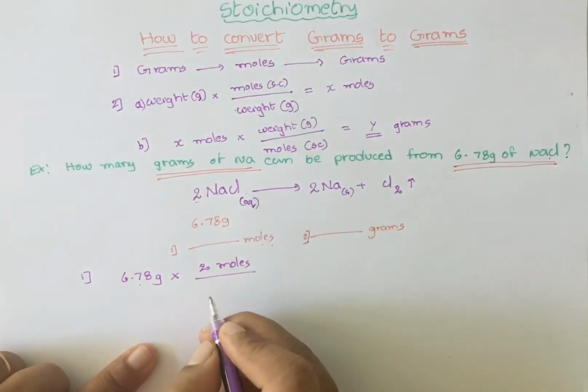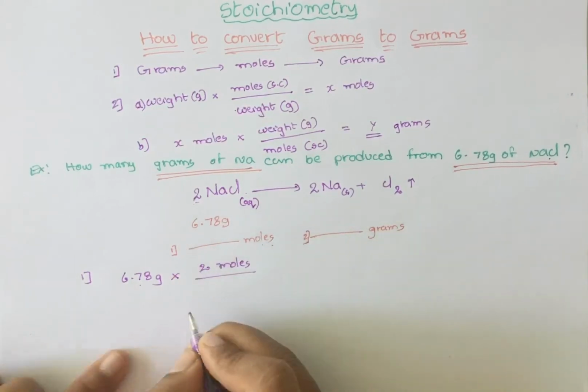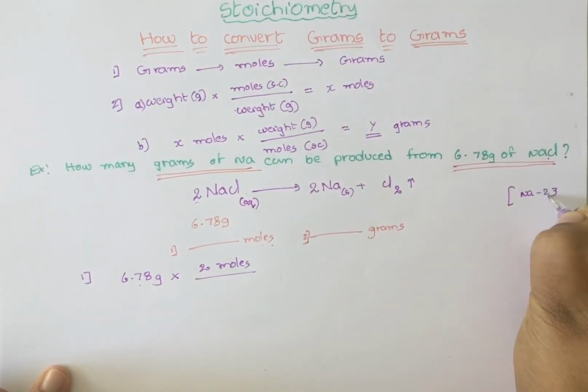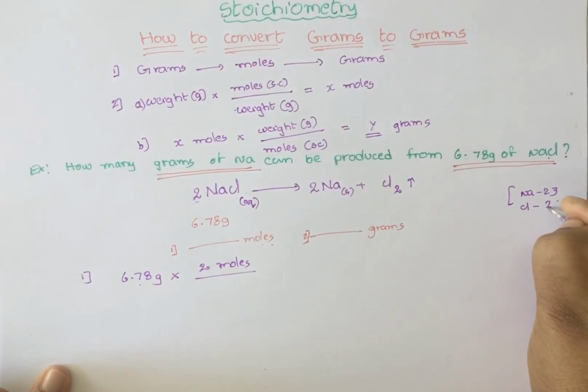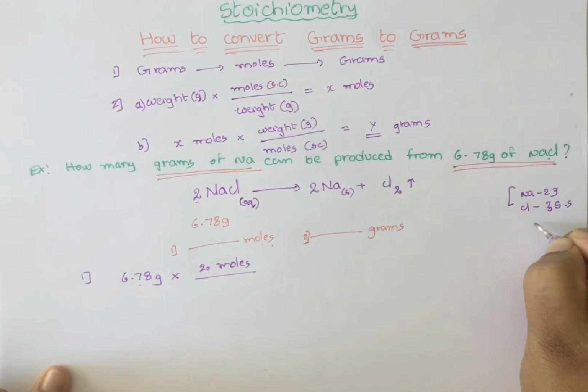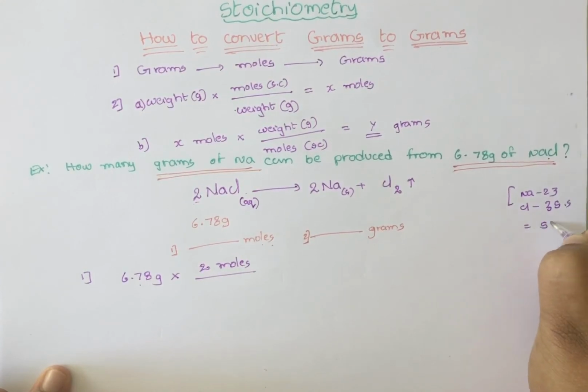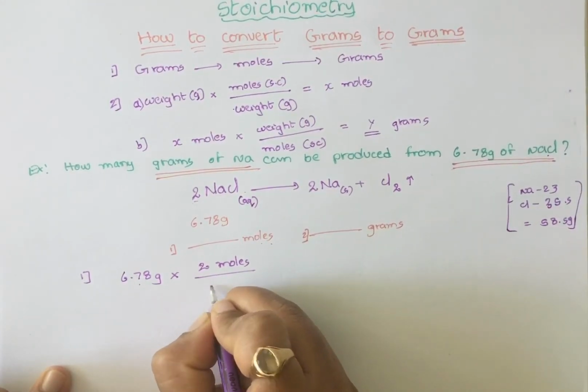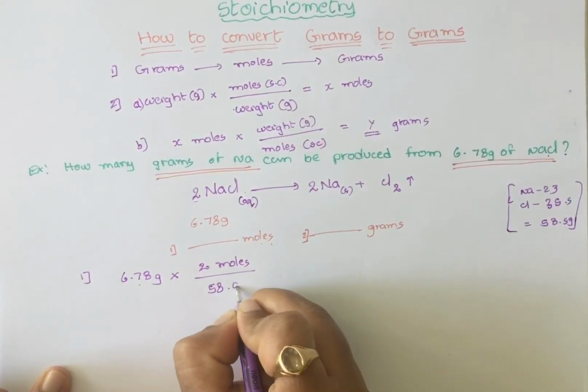How can I calculate the sodium chloride gram molecular weight? Sodium is 23 and chlorine, only one chlorine we have, is 35.5. The total is equal to 58.5 grams. So this is its molecular weight. You divide that by 58.5 grams.